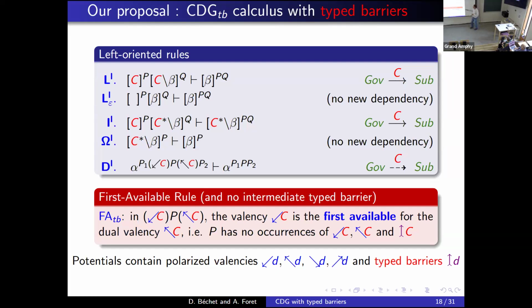It means that when we check P there, P has no occurrence of both the two polarized valencies, but also no occurrence of this vertical barrier there. And this barrier can, in fact, just cut the possibility to have non-projective dependency between the right part and the left part of the type.